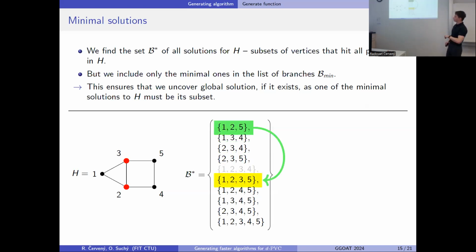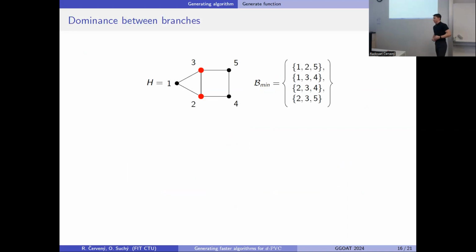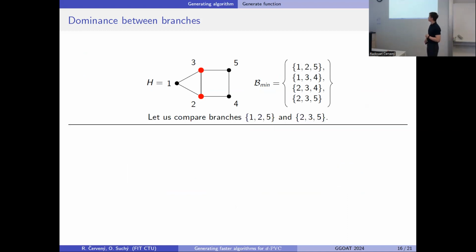So we just throw them away, and what we are left with is the minimal branches for this graph. This is our starting point, and we are going to optimize this list somewhat. This second step we call dominance between branches, and it is probably the second main contribution of this paper.